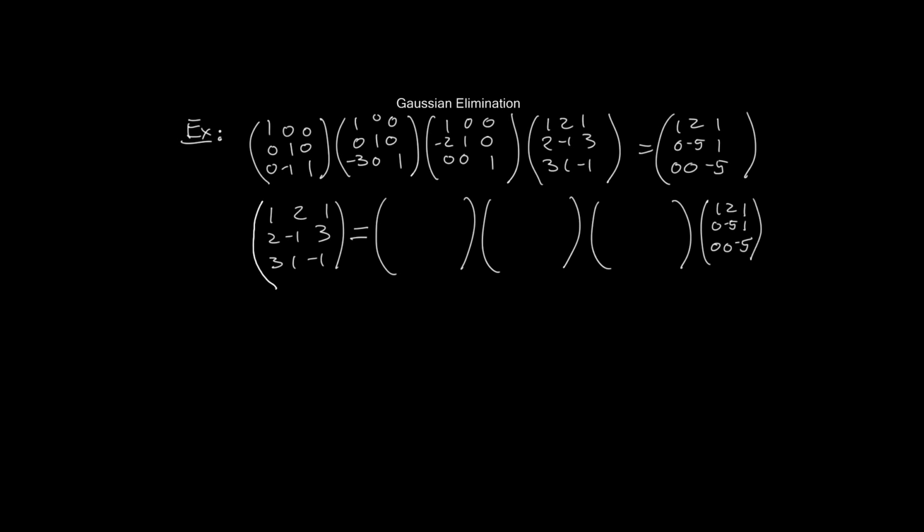The first thing I do is I take this very first matrix here and I put it in the last place, and I simply change the sign of the single entry below the diagonal. That's because for an elementary matrix like this, the inverse is just changing the sign on that one entry. And I do it to the next one.